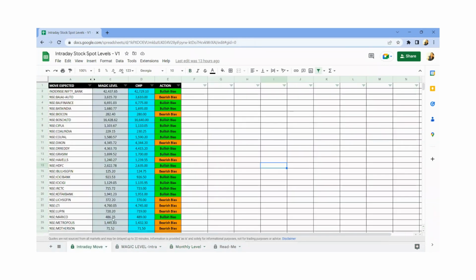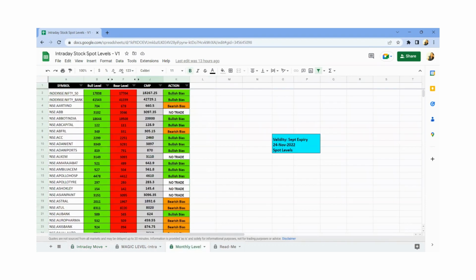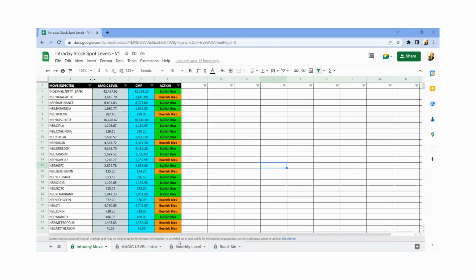Or if you want to pick up some new stock, or take a trade on a different instrument, you can do it from this, because here also we give you, based on our understanding and study, stocks that are ready for a move the next day. So either you do positional based on this. If you say positional, these are monthly levels that you will have to follow. Otherwise, the other two tabs are for intraday players. I hope you're clear now.